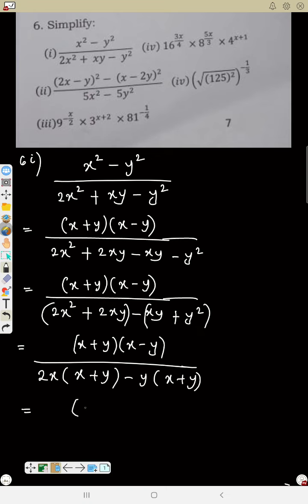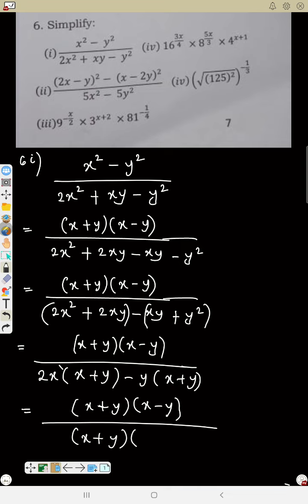Now this is x plus y, then x minus y over. Now this and this are alike, take 1. So this will be x plus y, then write the outside one. That will be 2x minus y.